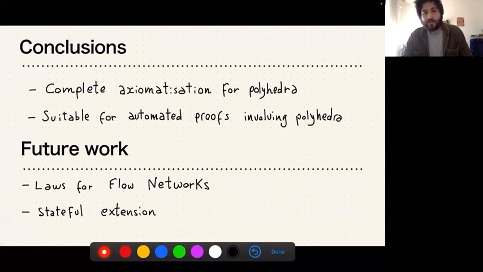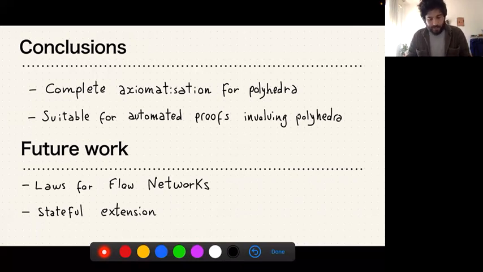You can think, for example, of Farkas' lemma or linear programming duality, but you could also use it to prove correctness of algorithms involving flow networks or systems in which you have a notion of bounded resources.